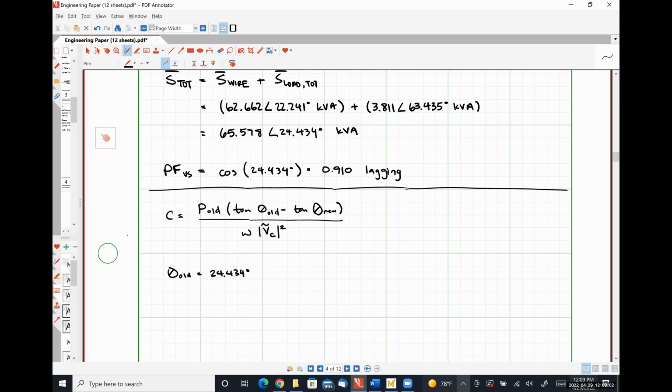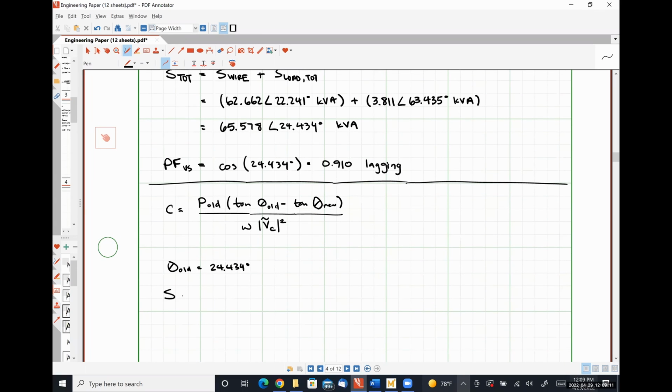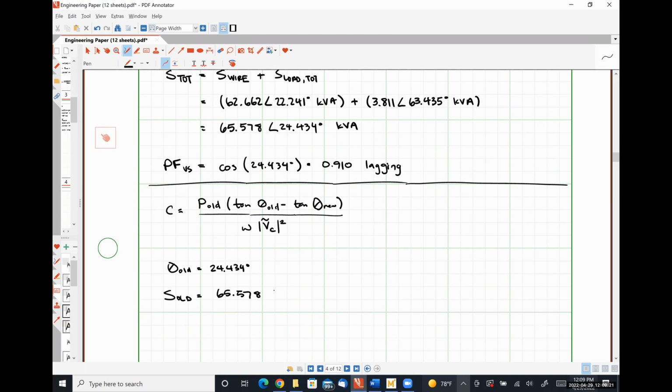So the real part of this is just P old, right? So we know that S old is equal to 65.578, with the 65.578 being the apparent power, yes.